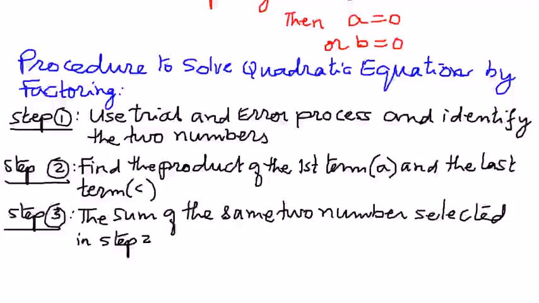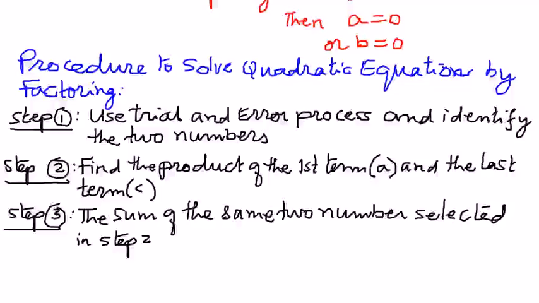So if a is an algebraic expression and b is another algebraic expression, and we equate a times b to 0, then either the first algebraic expression is going to be equal to 0, therefore we can find the variable, or the second algebraic expression could be equal to 0, and therefore we can find the unknown variables there. So we will use this zero factor property in solving this quadratic equation.